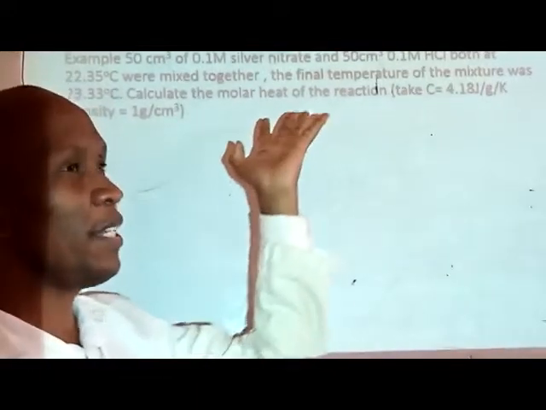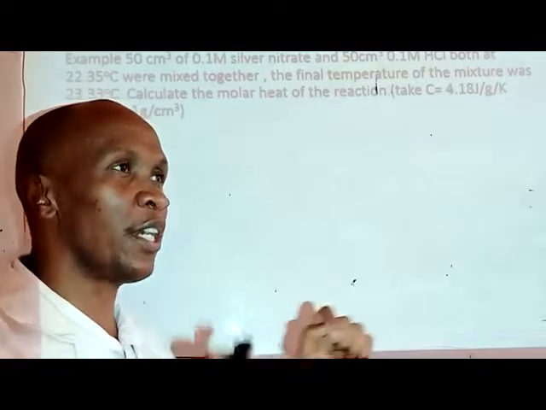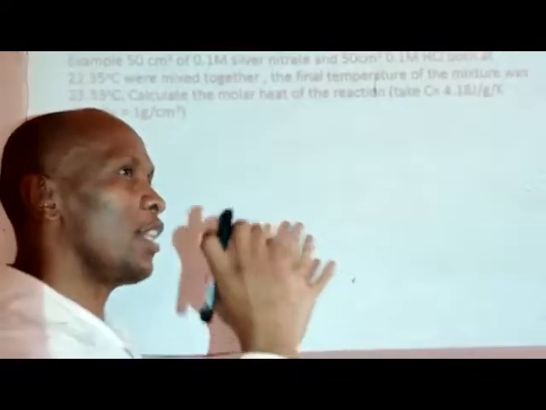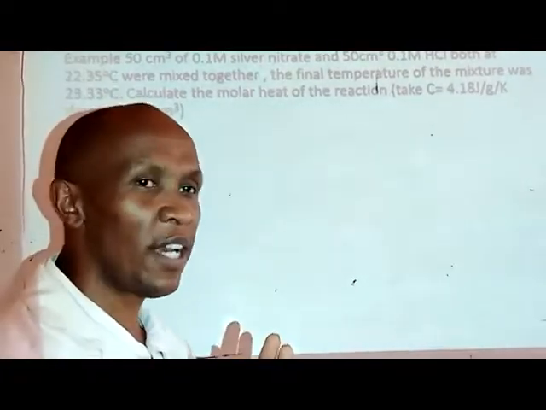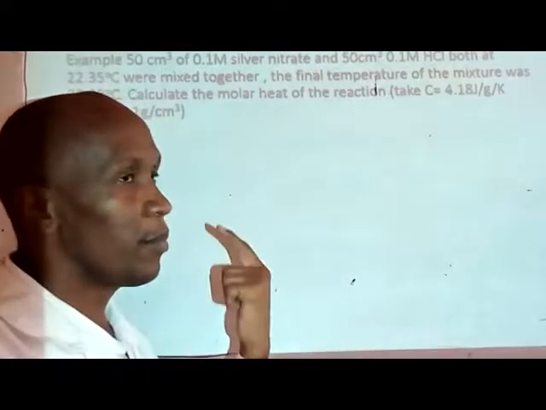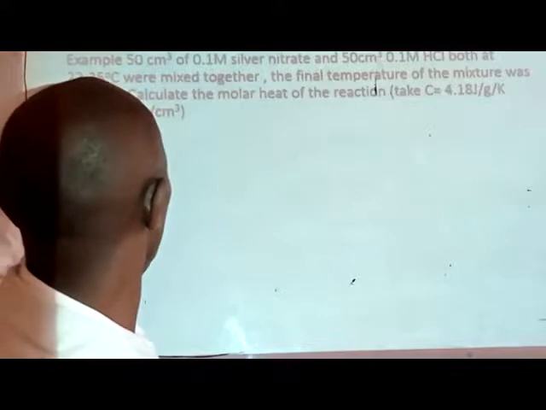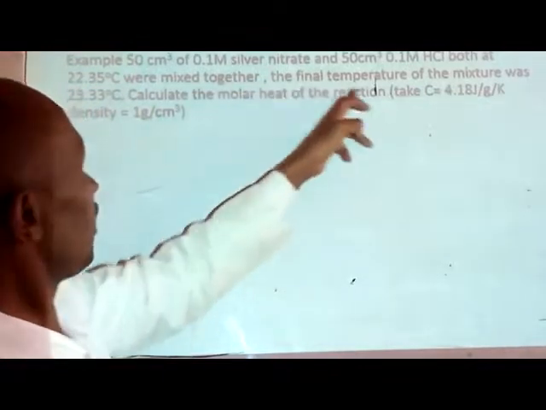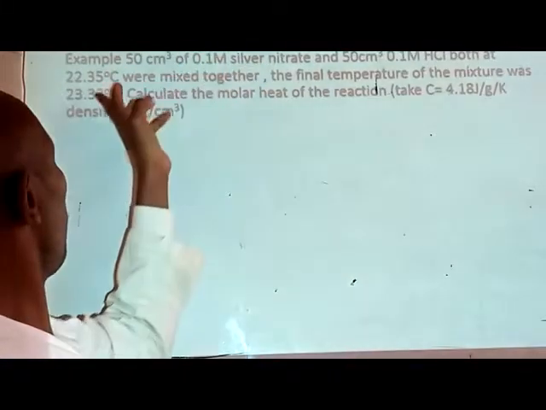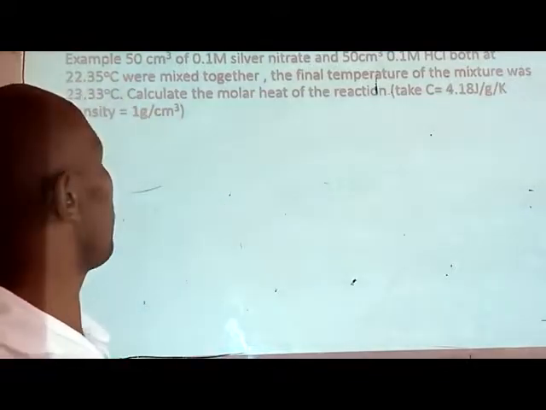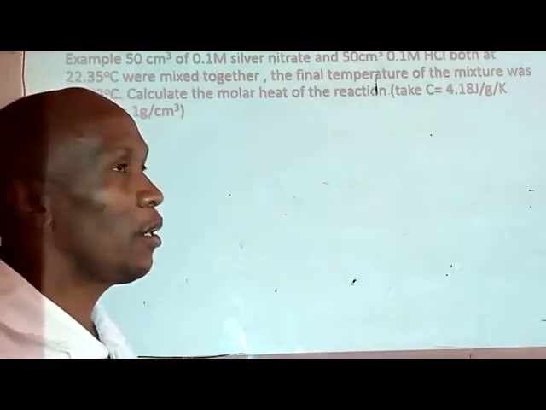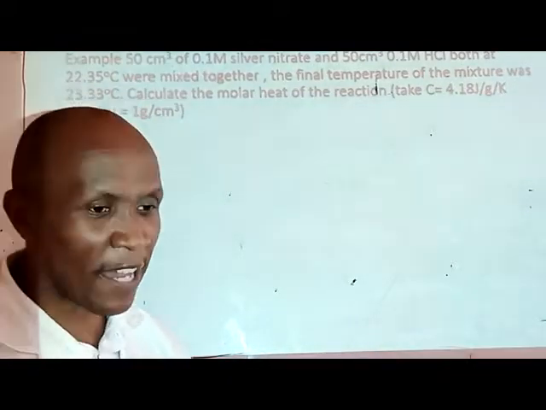So what is happening is a precipitation reaction. Silver ions and chloride ions form silver chloride, because silver chloride is insoluble. The initial temperature is 22.5 for the 2 of them, but the temperature of the mixture becomes 23.33.